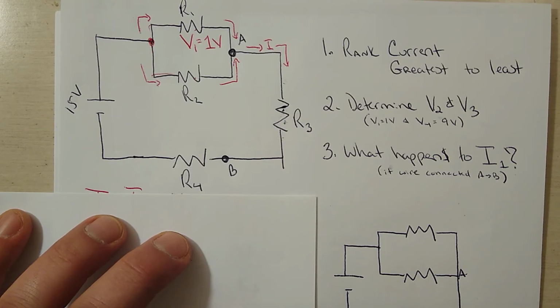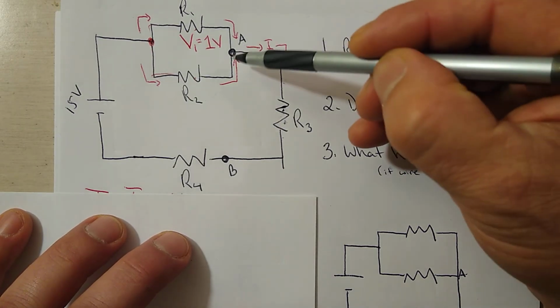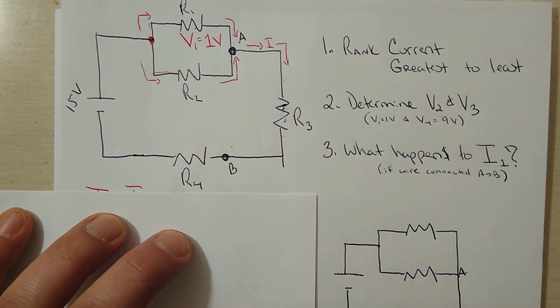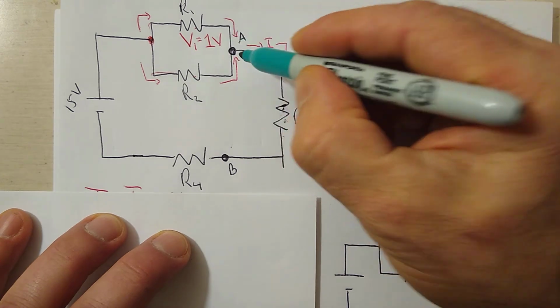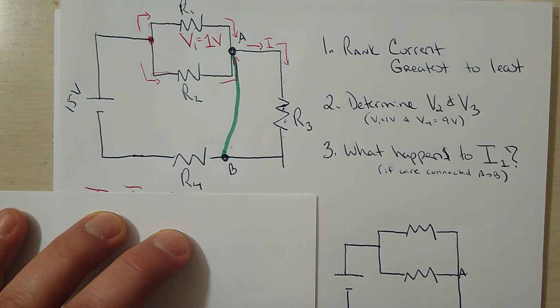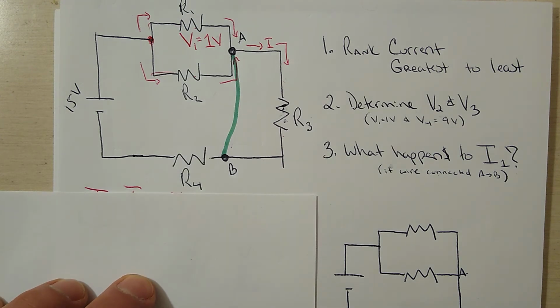All right, the last part of the problem says, now connect a wire from A to B, right? So we're going to put a wire there, and essentially, what does that do? It cuts out R3 because that wire essentially has no resistance in it, so the total current will go through that wire, skipping R3, and it'll just go from the parallel branches right to R4, right?